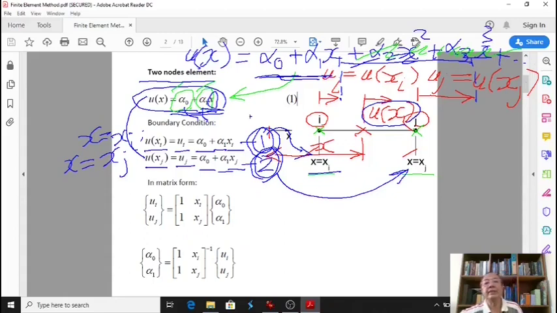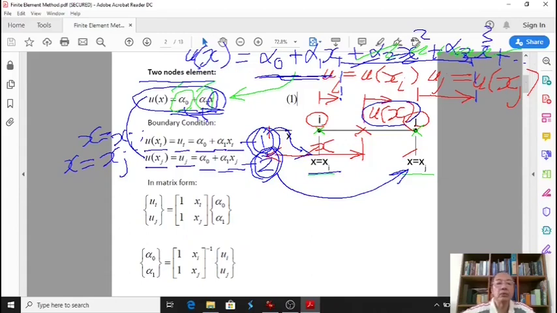If we have, for example, 3 nodes, we need to consider one more term, alpha 0 plus alpha 1 x plus alpha 2 x squared. But in this case, we just consider a 2 node element.